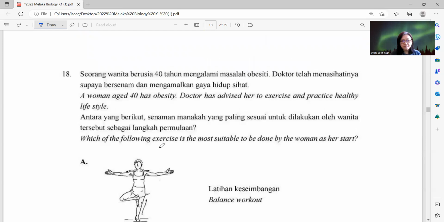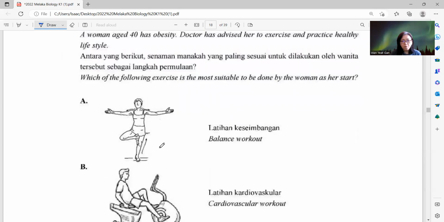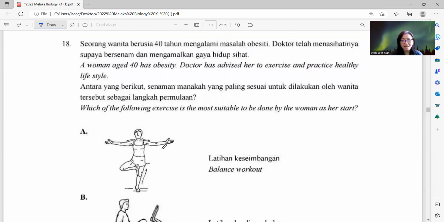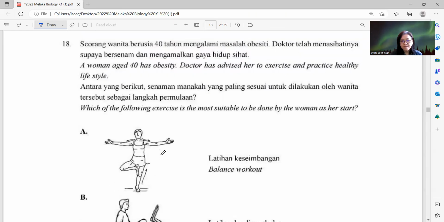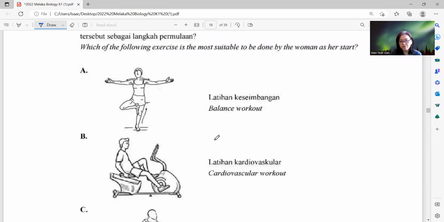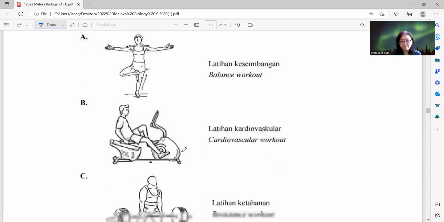Okay, question 18. A woman aged 40 has obesity. The doctor has advised her to exercise and practice a healthy lifestyle. Which is the most suitable one to be done by the woman to start off her exercise regime?